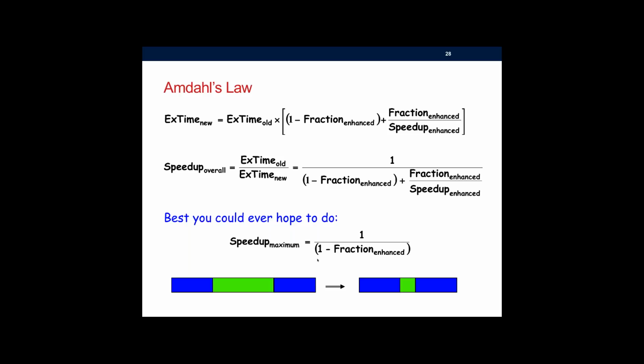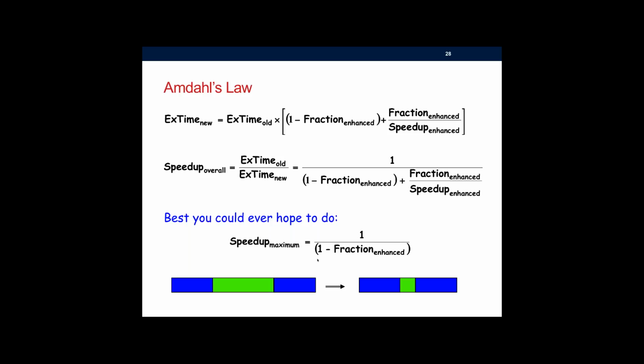You can play with the arithmetic at the top, and you will see that the new execution time is, of course, the blue parts which I haven't improved, they will stay, and I'm just improving the green part. Whatever the improvement is there, that will actually be the limiting factor for my speed up.